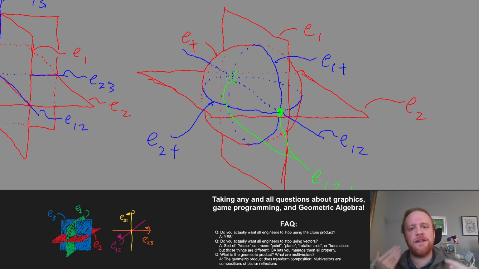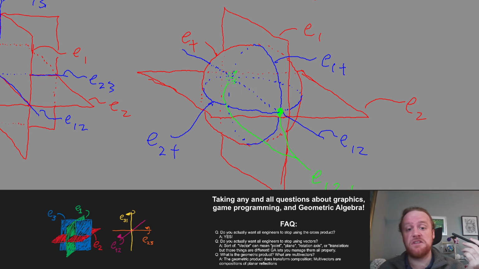Imagine performing a reflection in E1 followed by a reflection in E2 followed by a reflection in E+. Slightly difficult to picture at this stage. I'm afraid it is going to get worse. But if you were to, you can see that is a reflection, and you can say to yourself, hey, look at that point pair that you've got there. Will that point pair at any stage be moved?